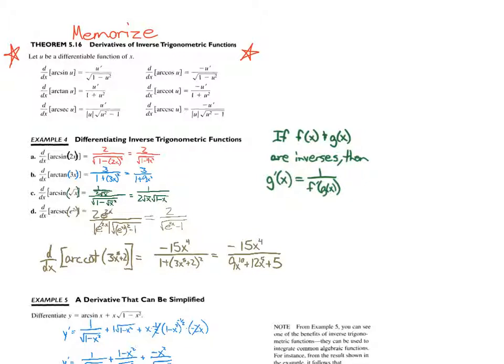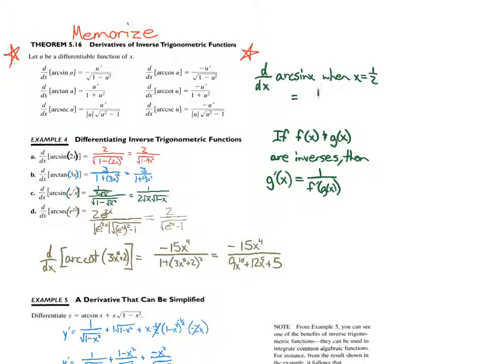Now, suppose I wanted to get the derivative of arc sine of x when x equals, let's say, a half. Okay? So the derivative of arc sine of x is 1 over radical 1 minus x squared.